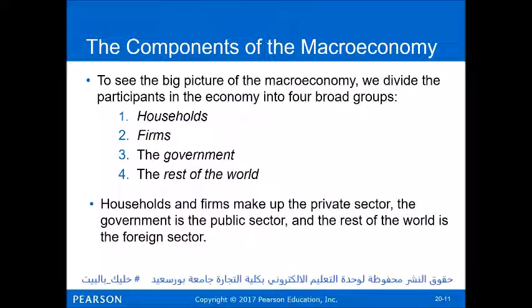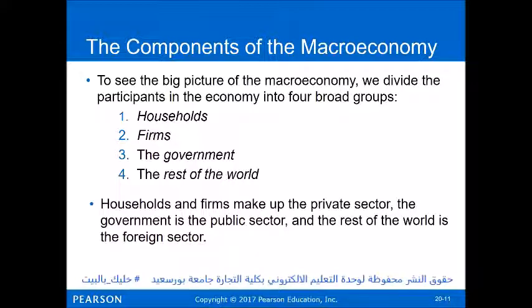Typically, households make decisions about buying consumer goods. Firms make decisions about capital goods. The government makes decisions about both consumer and capital goods.